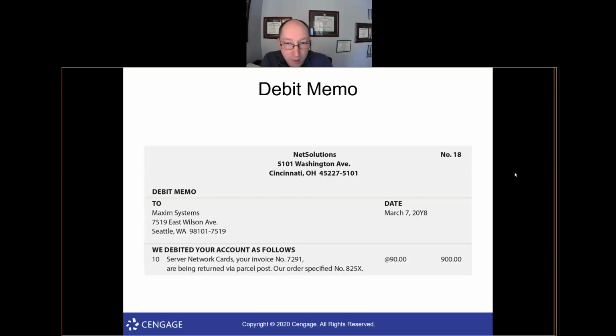There are 10 of them. So we send 10 of these network cards back to our supplier to say, hey, you know what? We don't need these for whatever reason. They cost us $90 apiece. That's $900. This is an example of a debit memo. It's the reason for us returning this product.